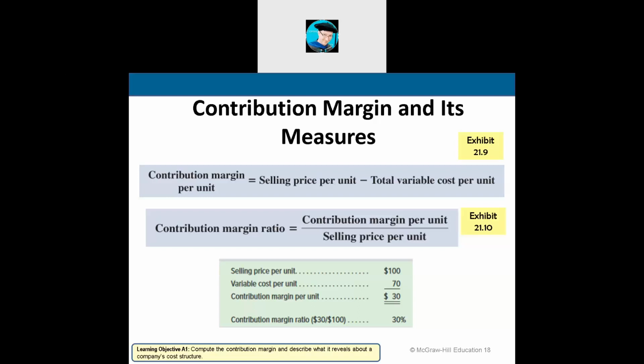So contribution margin per unit is $30. My sales price is 100. So 30 divided by 100 is 30%. 0.3, 30%. So that's contribution margin ratio. If you're ever investing in a company and you want to know if the company's profitable, and you want to figure out if they're profitable on a per unit basis, this is a quick and easy way to do it.